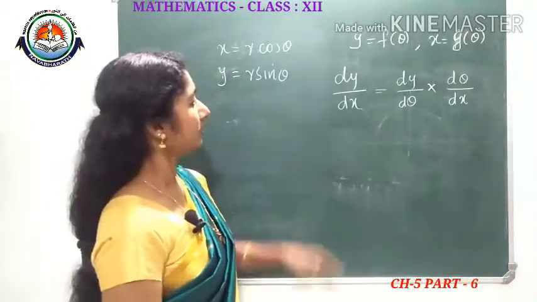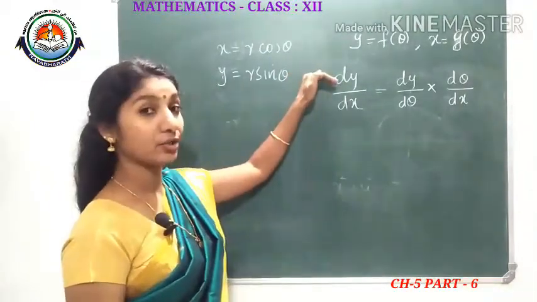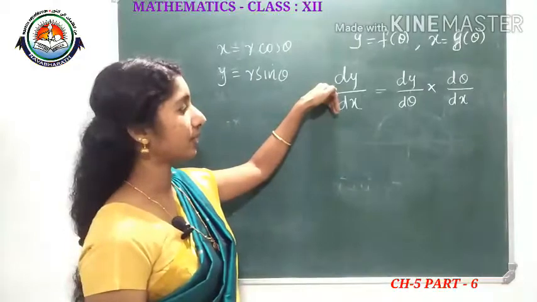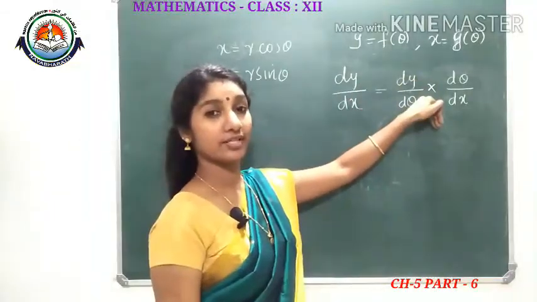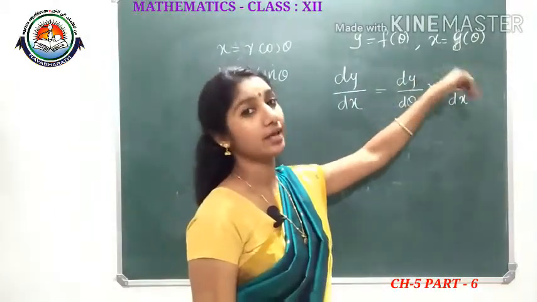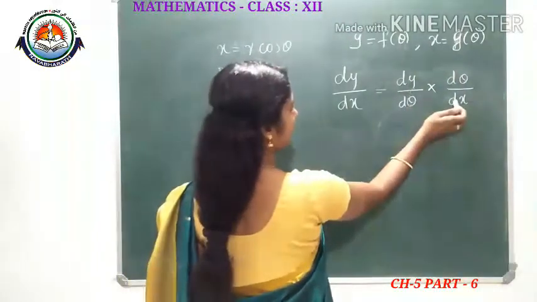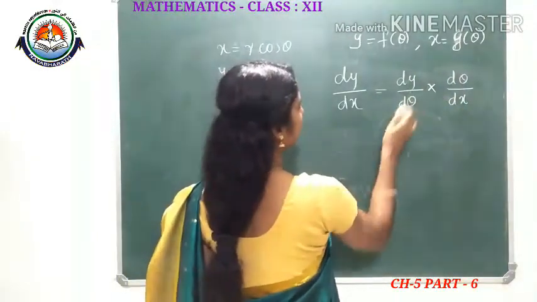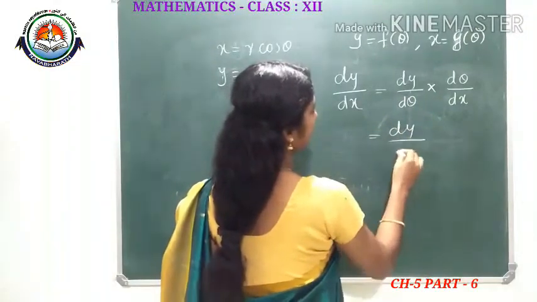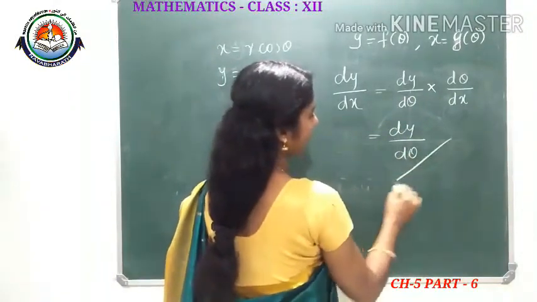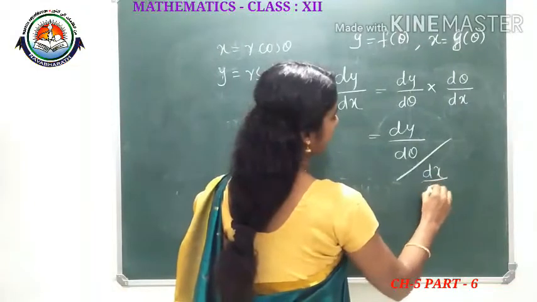Okay. So when we need to get dy by dx, what can we do? dy by d theta, y with respect to theta, into d theta by dx, then we get dy by dx. The same thing we can write like this also: dy by d theta divided by dx by d theta.